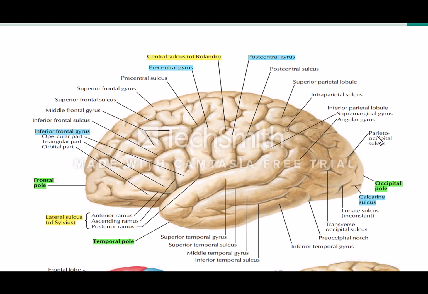We have the parieto-occipital sulcus, which is the sulcus between the parietal lobe and the occipital lobe. And this is the calcarine sulcus. By the time you read about the visual pathway, you find the visual cortex is just around and includes this calcarine sulcus. So it's of importance in vision.